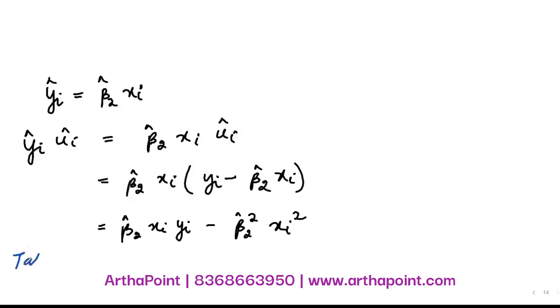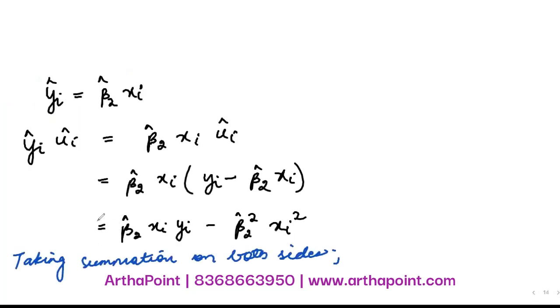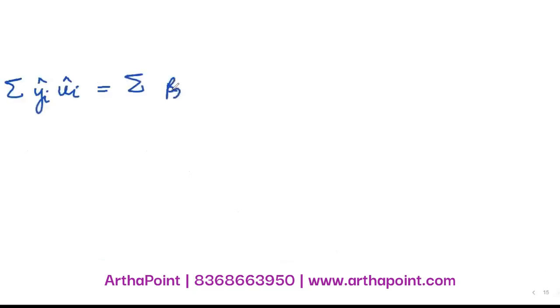Let's take sum on both sides. If I take summation on both sides, I will get summation yi ui hat is equal to the sum of this entire thing, which is nothing but beta 2 hat xi yi minus beta 2 hat whole square xi square.